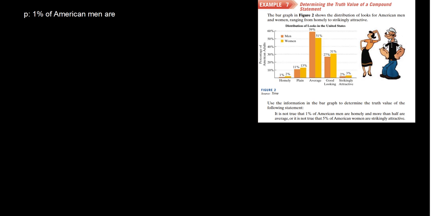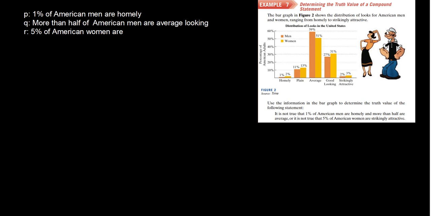Q is going to be more than half of American men are average looking. And then R is going to just be 5% of American women are strikingly attractive. Okay, so these are my P's, Q's, and R's.